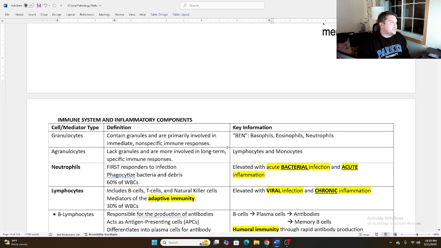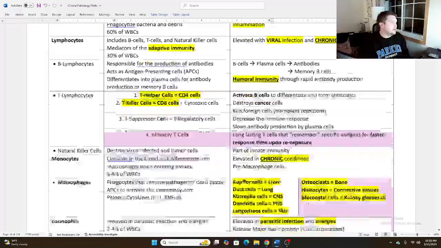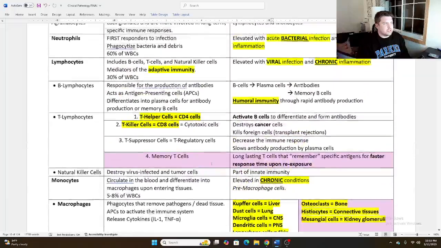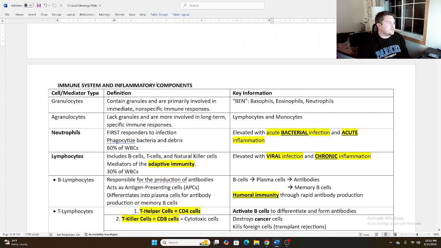Now, where we really get into some of the stuff that can get us into trouble with this exam is with all of the different inflammatory components. And a lot of this is just going to be word recognition. It's going to be understanding definitions and then understanding where these are seen, especially when we talk about conditions of patients.